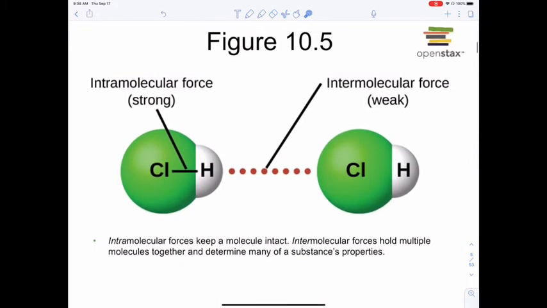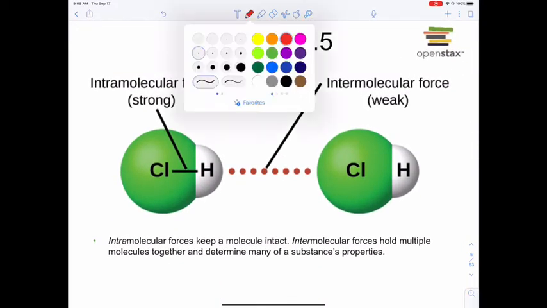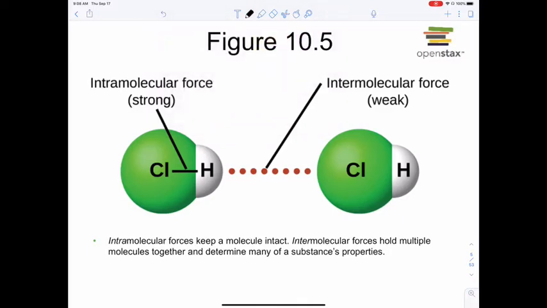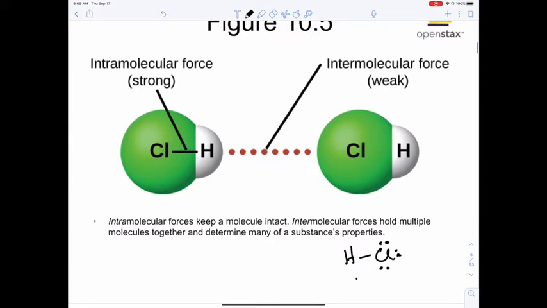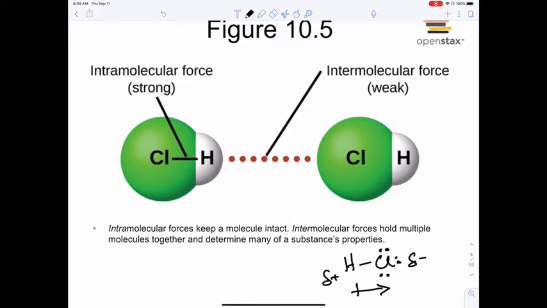So here, if we take HCl as an example, and we draw out a Lewis structure of it, and we look at the molecule itself, we realize that it's a polar molecule, and this end is going to be slightly positive, and this is going to be slightly negative because of the difference in electronegativities that we talked about. And so one end is going to be slightly negative, and one end is slightly positive.